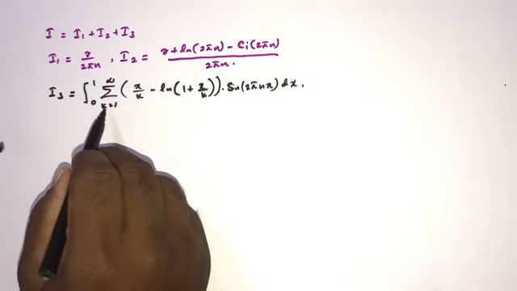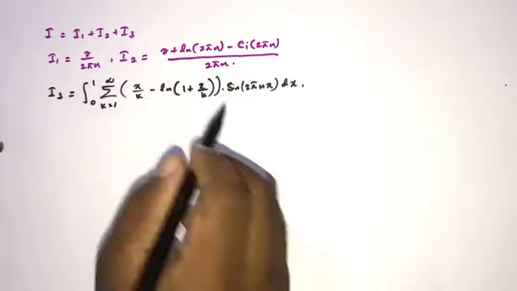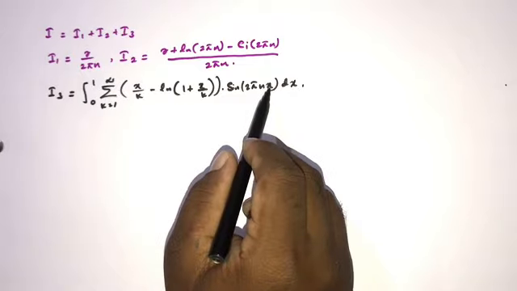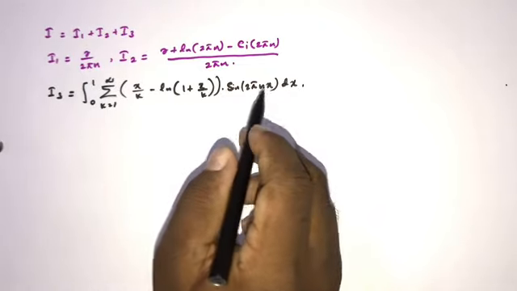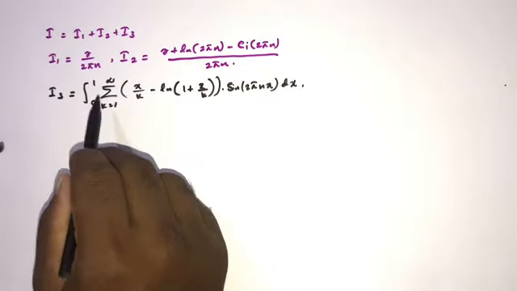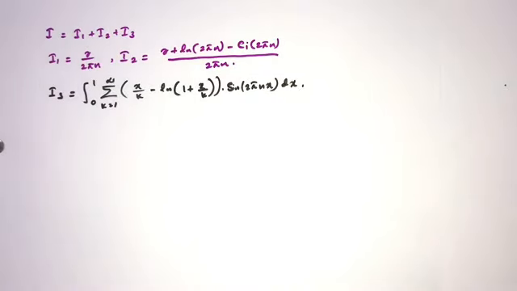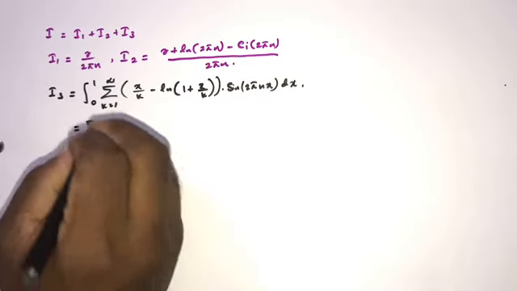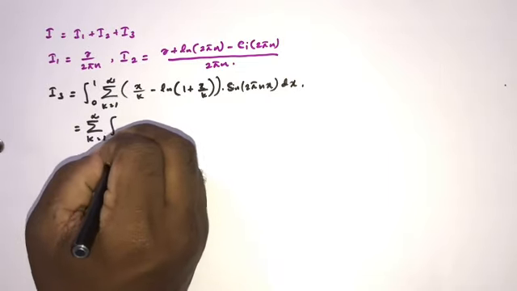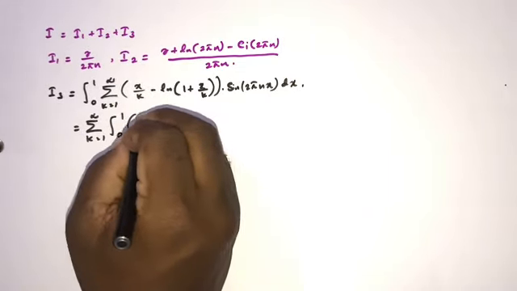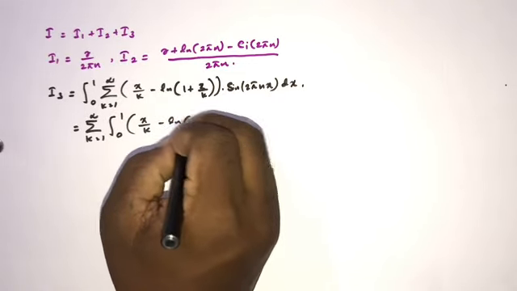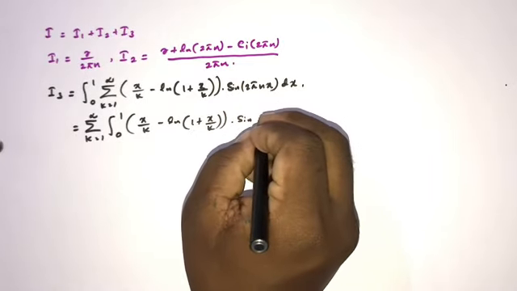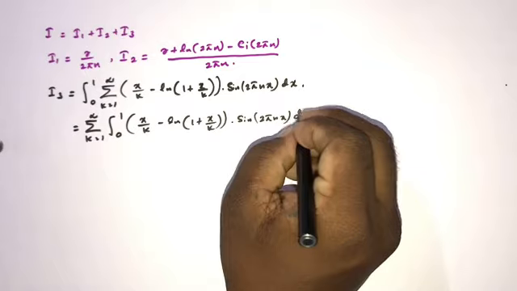Here I take k equal 1 to infinity, but in the beginning I used n equal 1 to infinity, so we may be confused, therefore we can use k instead of n. Then we can switch the integral sign and sigma notation. So we have the sum over k equal 1 to infinity of the integral from 0 to 1 of x over k minus natural log of 1 plus x over k, times sine of 2 pi nx dx.